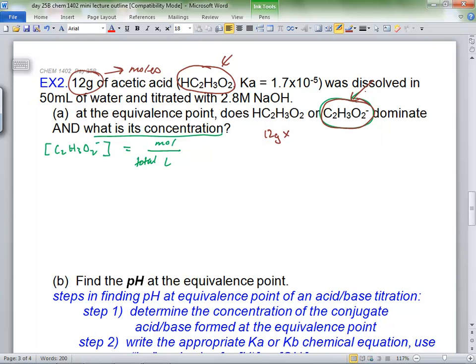Which one? Because they differ by an H, right? Which one are we supposed to add up? It's the acid, because they said 12 grams of the acid, right? So we got to convert them into moles, and we're going to find the molar mass of this one.